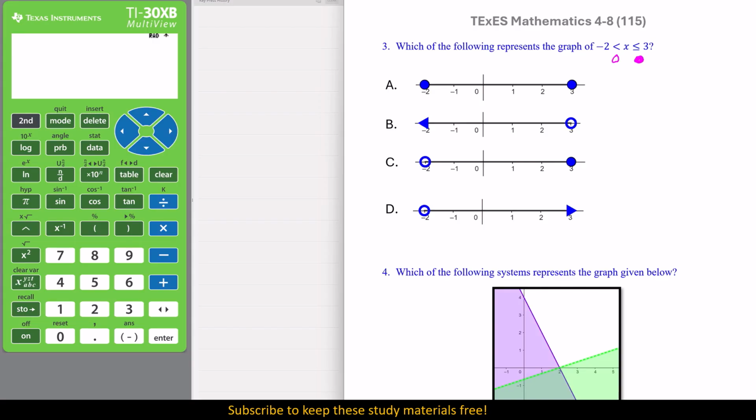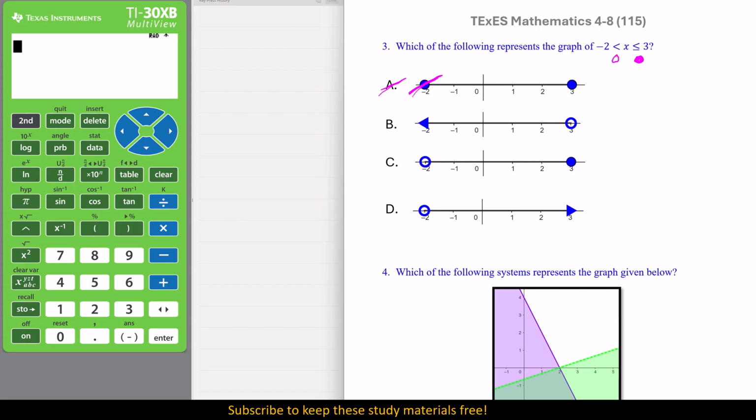Now notice that 3 is greater than -2, so all of the x values are in between our two types of circles. Well, A has two types of circles, but one of them does not satisfy. The -2 must be open, so that won't work. So let's get rid of A.